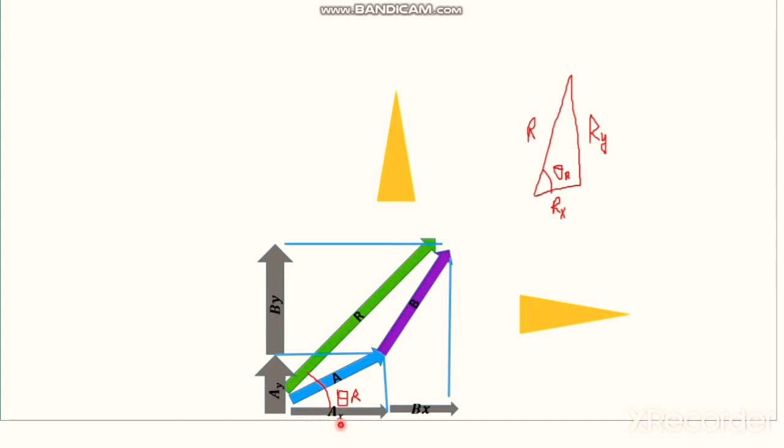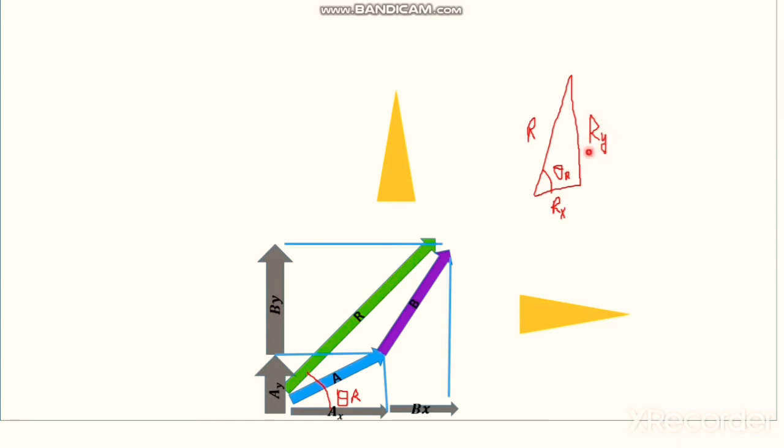The sum of AX and BX will be the resultant x component, that is RX. So RX will be equal to AX plus BX, and the sum of AY and BY, this one is AY and this one is BY. So AY plus BY will be equal to RY.